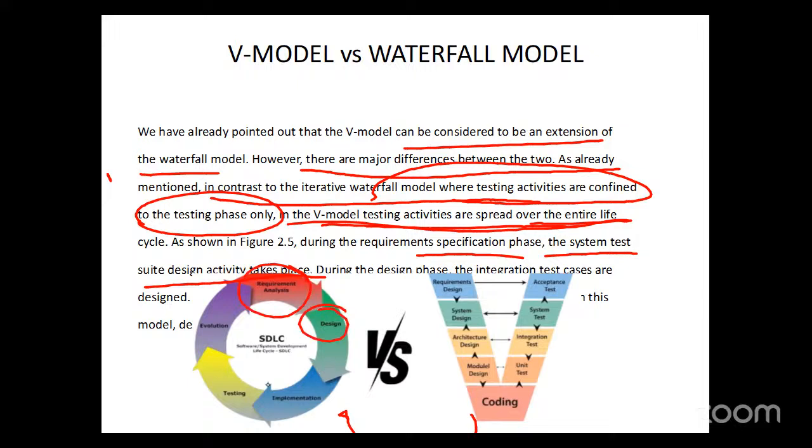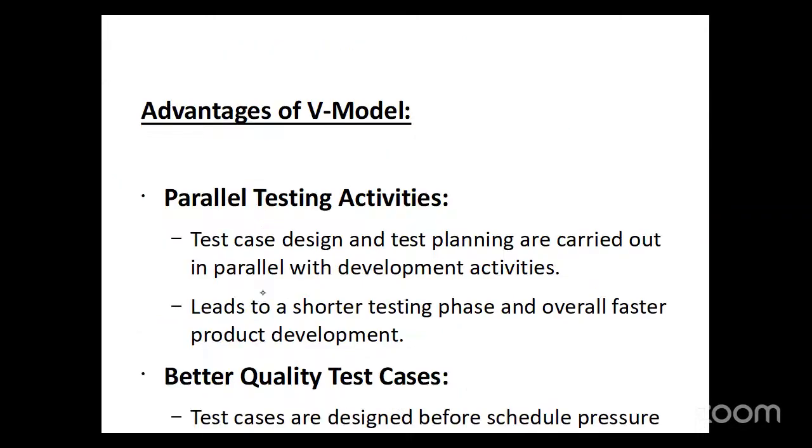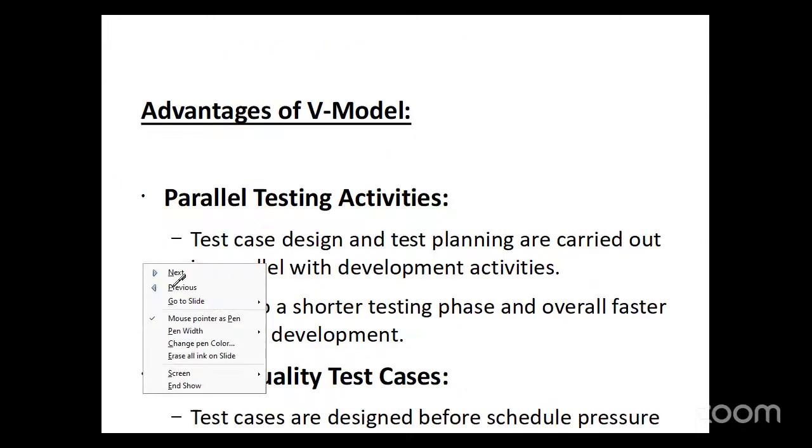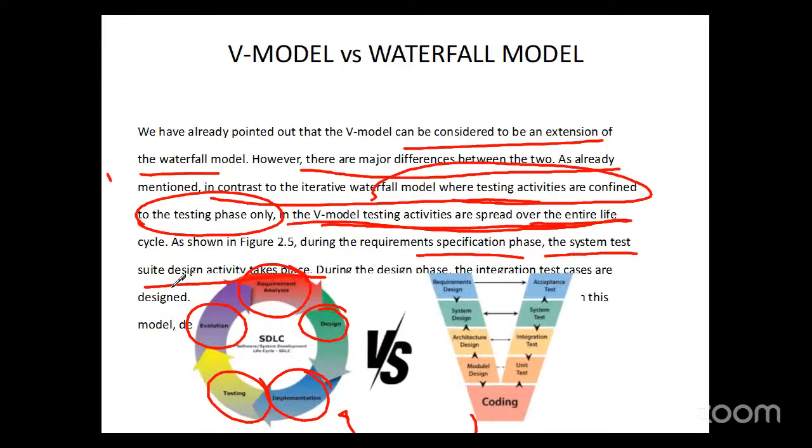Requirements analysis, design, implementation, testing and evolution are the phases of the waterfall model. In the V model we have requirements design, system design, architectural design, module design and coding.